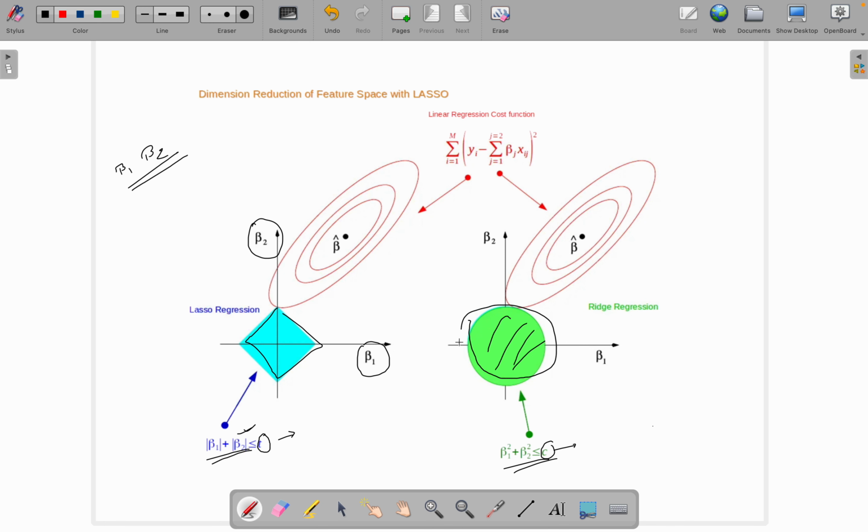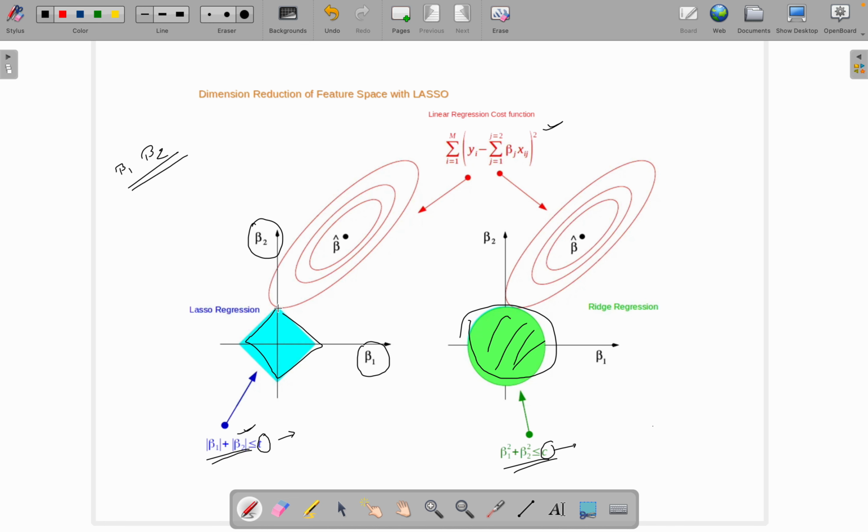So this will be beta 1 square plus beta 2 square less than or equal to c, and this other plot is the absolute value of beta 1 plus the absolute value of beta 2 less than or equal to t. This is our equation for the cost function, and it is plotted like an elliptical graph.